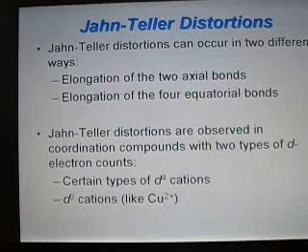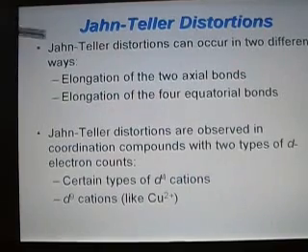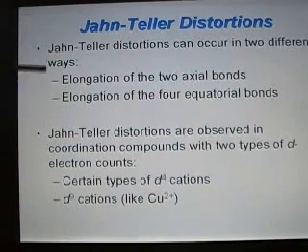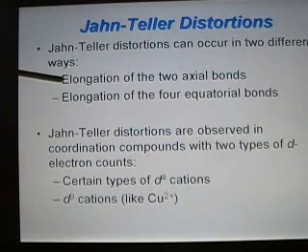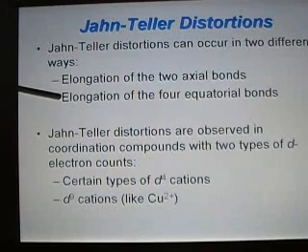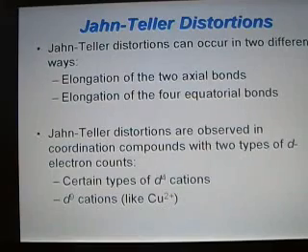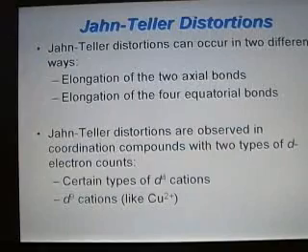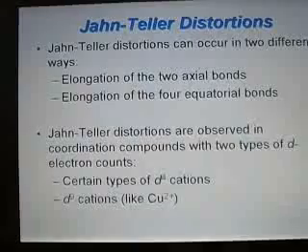Now, the Jahn-Teller distortion can occur in two ways. Most commonly, elongation of the two axial bonds, or you could have elongation of the four equatorial bonds. Jahn-Teller distortions are observed in coordination compounds with two types of d electron counts.